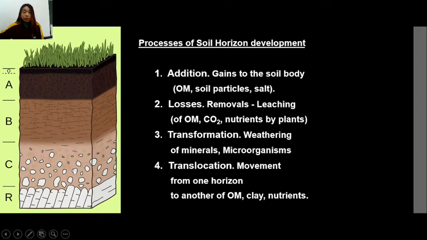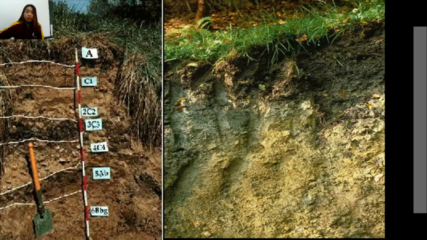That is why it is being transformed into soil. So that will also gain soil. Okay, it will add up to the soil body. And then translocation, movement from one horizon to another. Okay, usually because of burrowing animals or because of natural disturbances and others.